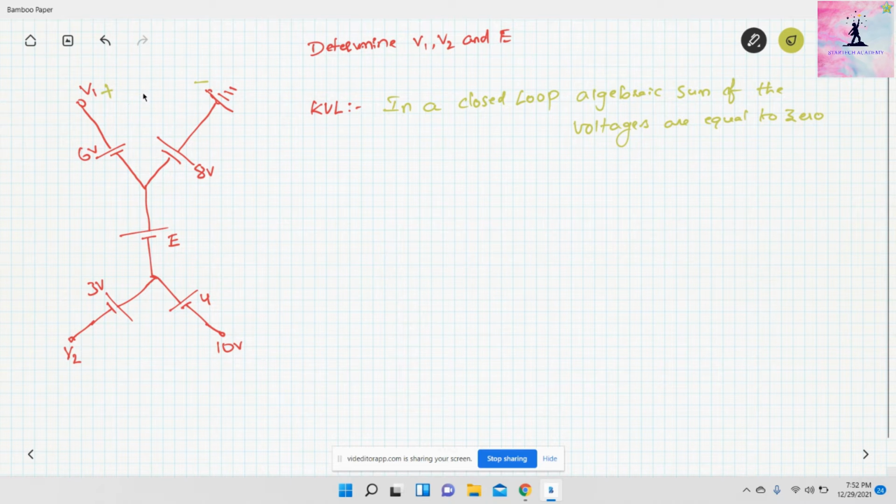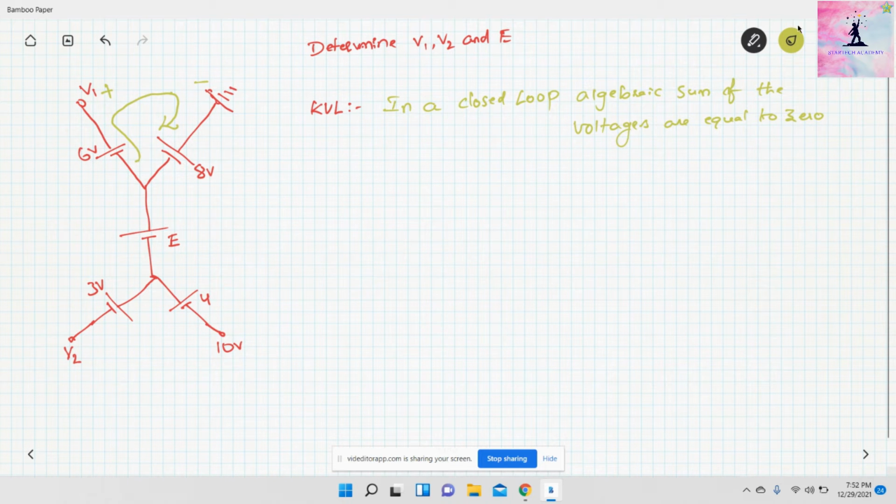So now if I form a loop here like this in a clockwise direction, so loop means a closed path which starts and terminates at the same node.